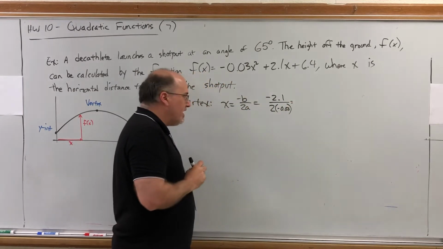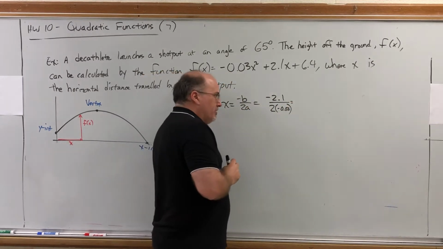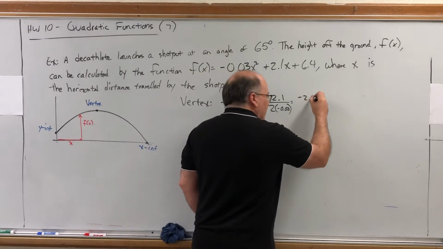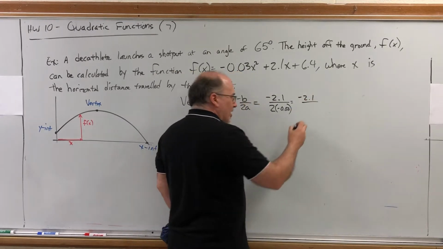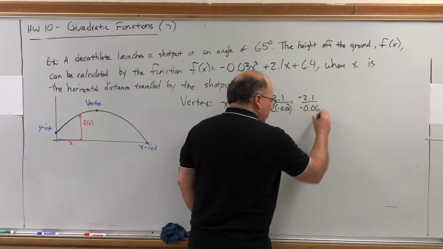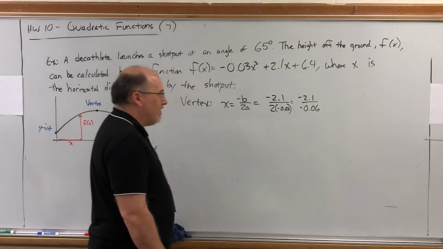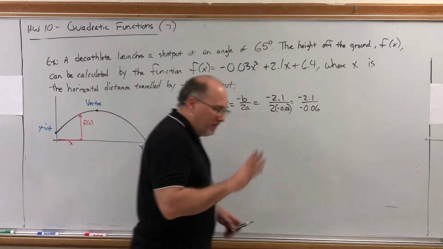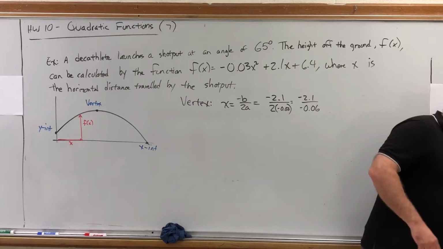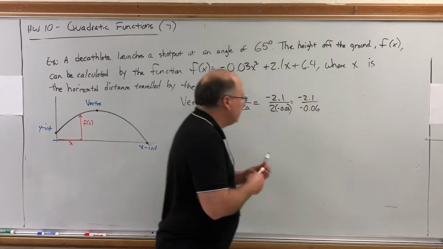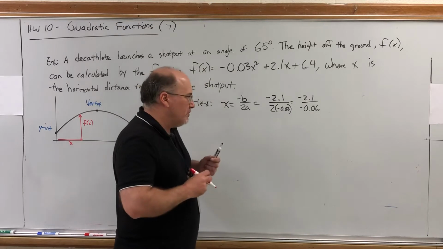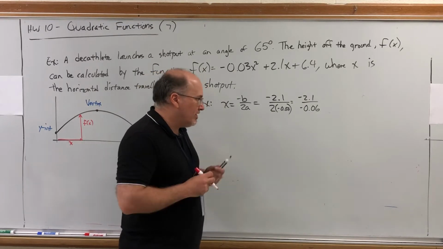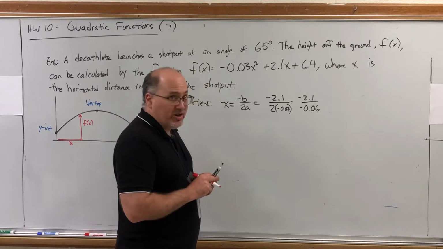You can put this in a calculator, but I think I can do it without. The top stays negative 2.1, but if I double the denominator, I get negative 0.06. Negative divided by negative is positive, so I don't have to worry about that. And I want to show you a dirty trick for dividing decimals. You can move both decimals in the same direction, the same distance, and it won't change the answer.